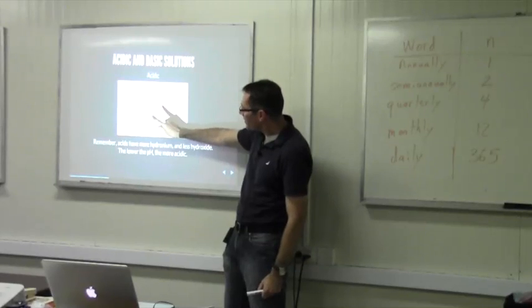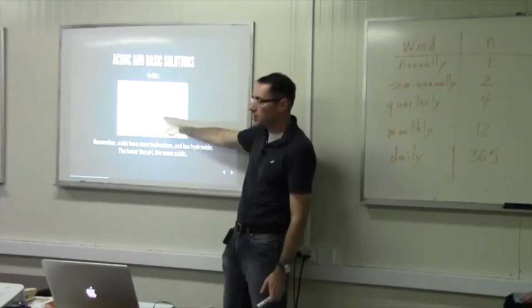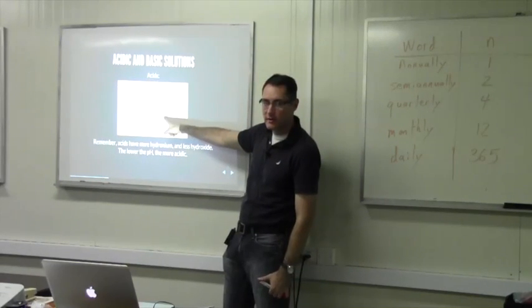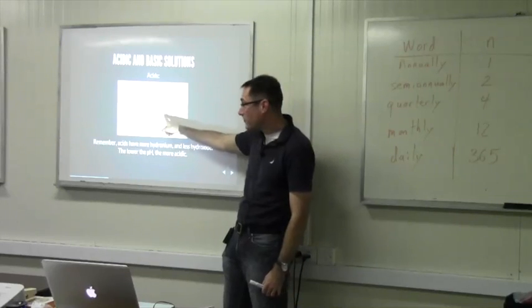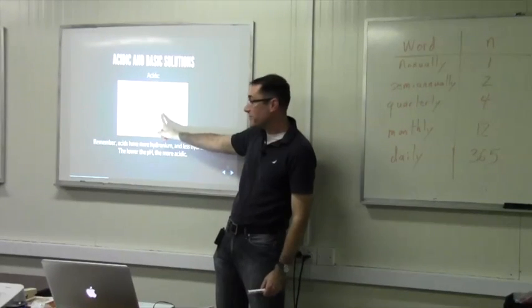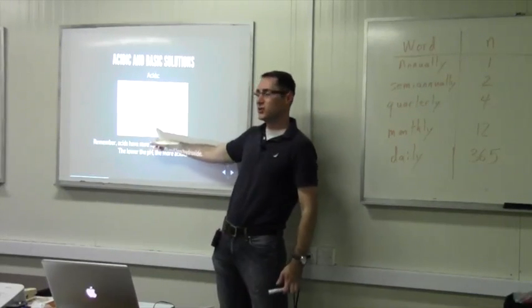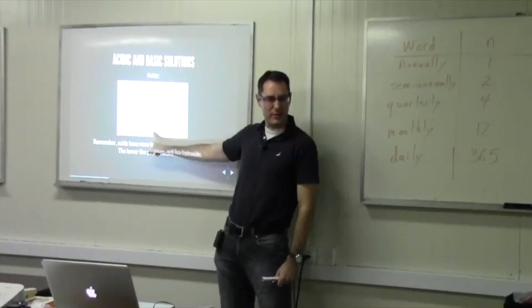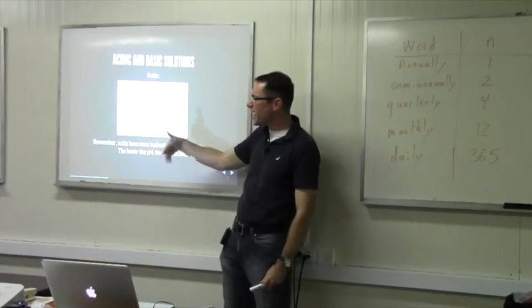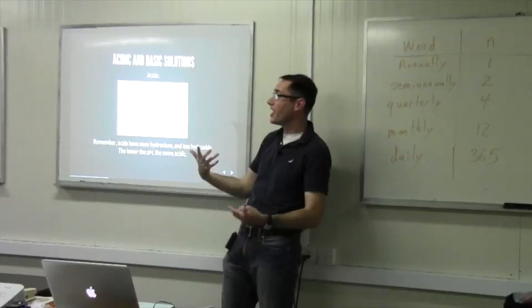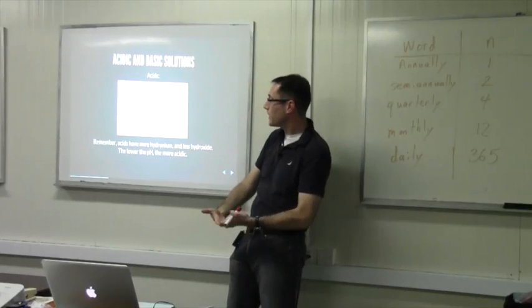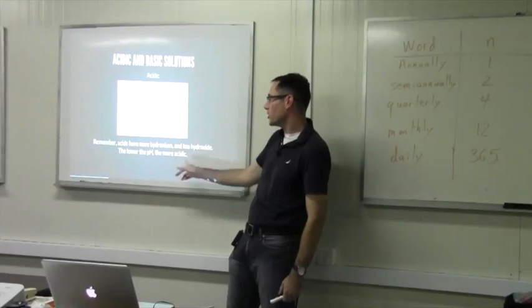So, 10 to the negative 5. What's the log of 10 to the negative 5? Negative 5. What's negative of negative 5? 5. So the pH of an acidic solution could be 5. Do we get why now? Now you see how the math works out, why the pHs of acids are lower. Acids have more hydronium and less hydroxide.